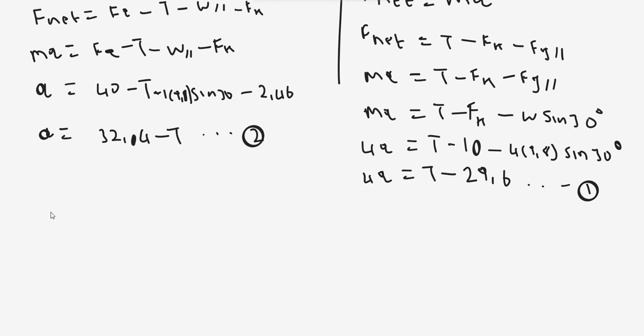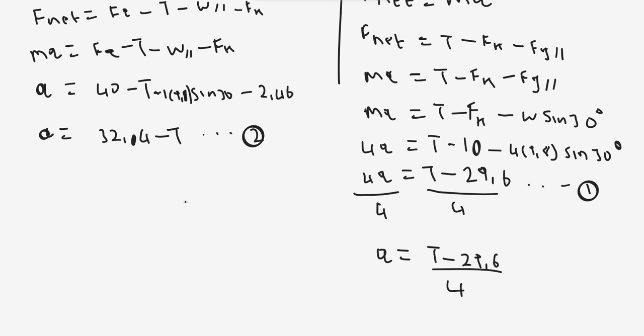So here again, we're going to substitute this into where we have A, since we are looking for the tension. Or else you can divide by 4 here and make A the subject of the formula, and we are left with A equals T minus 29.6 all over 4.